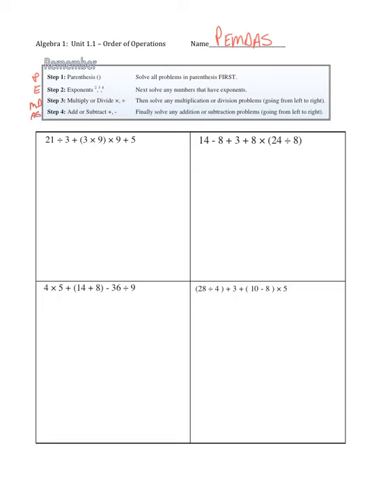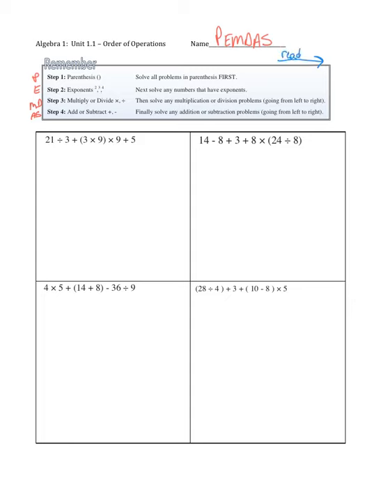So the first thing you want to do when you see a string of numbers and symbols is to look for the parentheses. It's your first thing. Sometimes they'll be in the middle, sometimes they'll be in the beginning. Now, traditionally in the Western world, we read left to right. That's how we read.